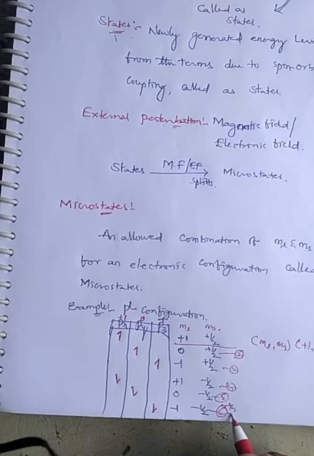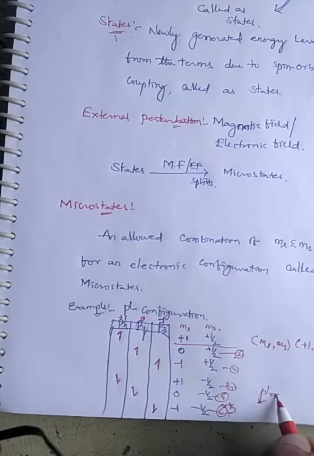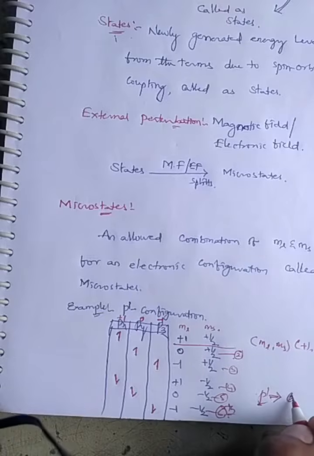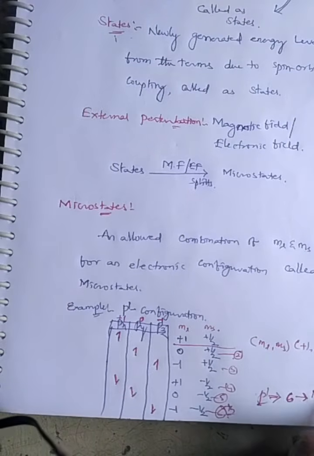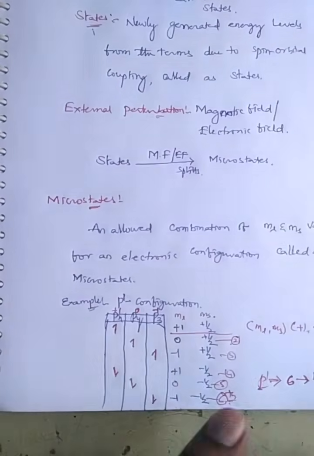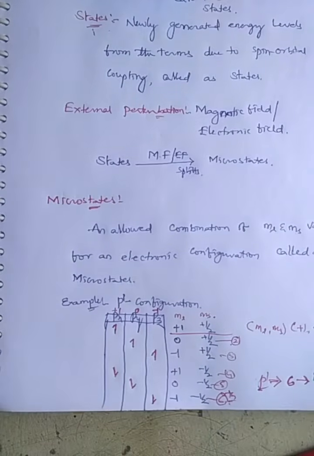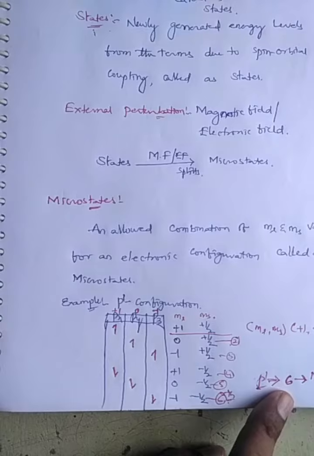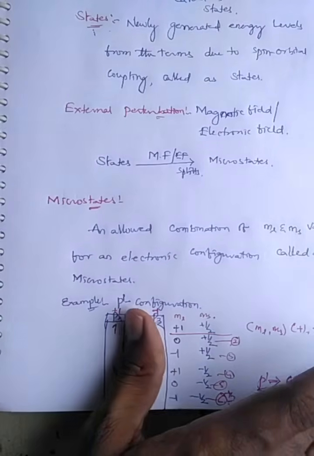So for a p1 electronic configuration, the allowed combinations of ml/ms values are 6, and all 6 are called microstates, right? That's how the p1 electronic configuration has 6 microstates.